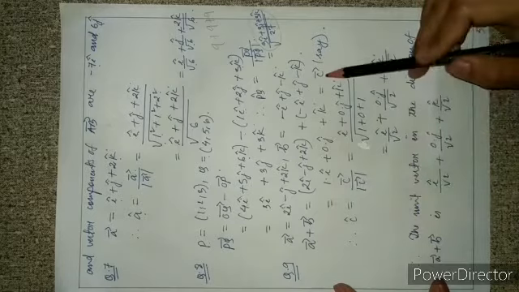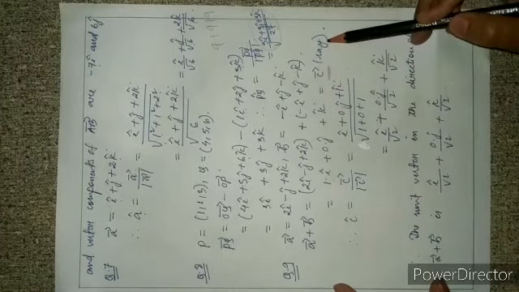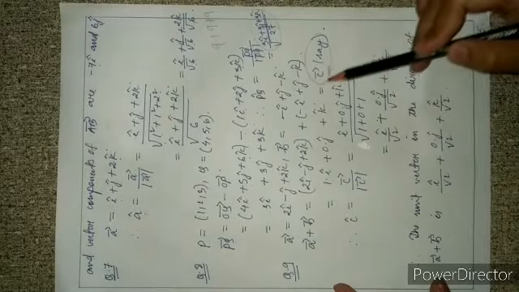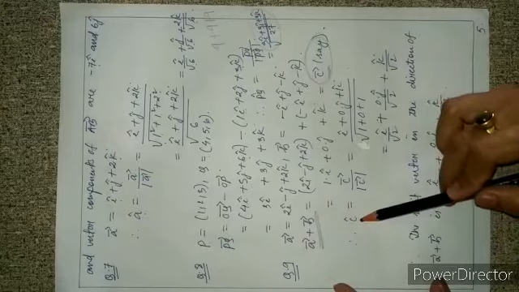And the sum of these two vectors, or the resultant of the two vectors, is represented by another vector, say C vector. Then we need to find a unit vector acting along the sum of the two vectors, which is given by C cap.